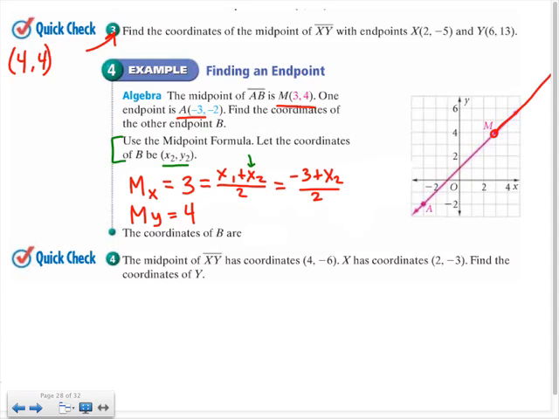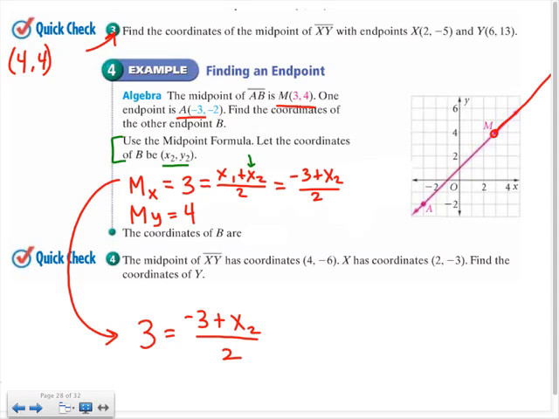Now what you see is that I have a very simple algebraic expression, and I'm going to recopy it down here temporarily. I see that 3 equals (-3 + x2)/2. And solving this is just a matter of doing some algebra.